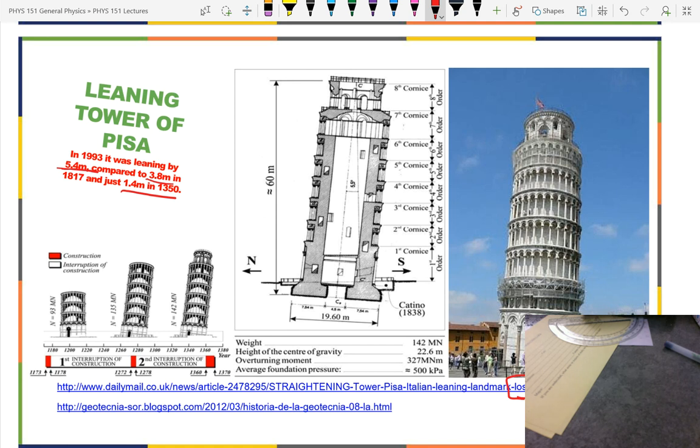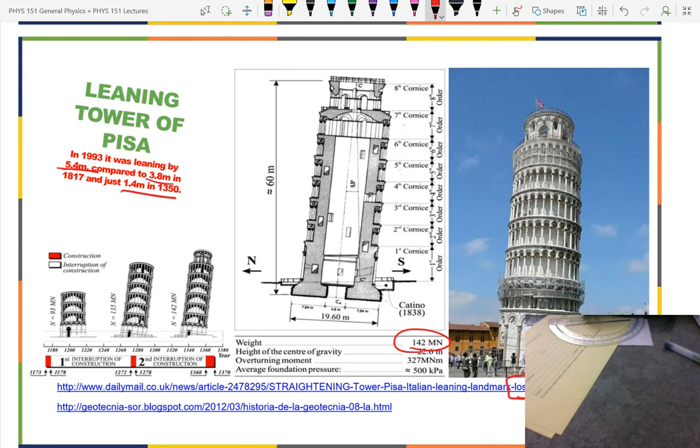And this is really basic, not to be insulting, but what holds up the building? The earth. We have a normal force from the earth pushing up to hold it up. And so if the building has a total weight of, that's pressure, a total weight of 142 MN.